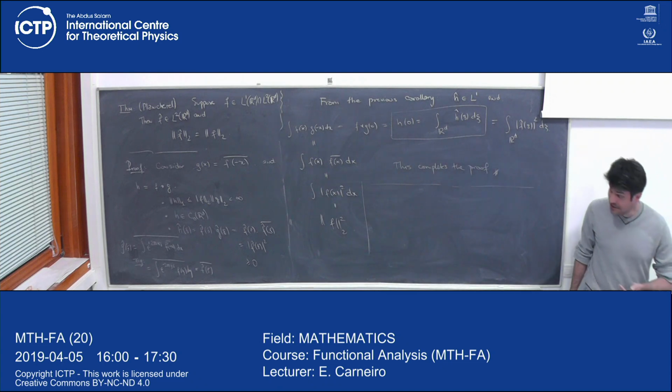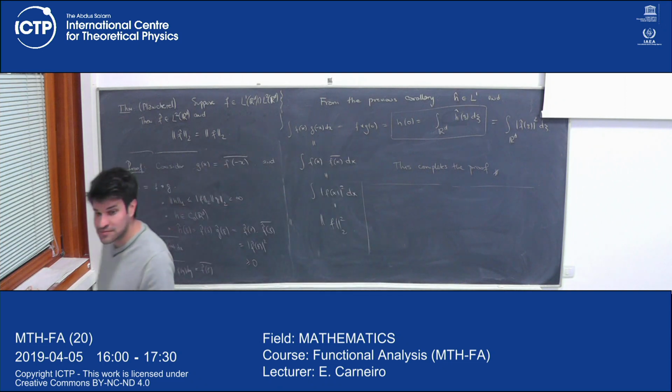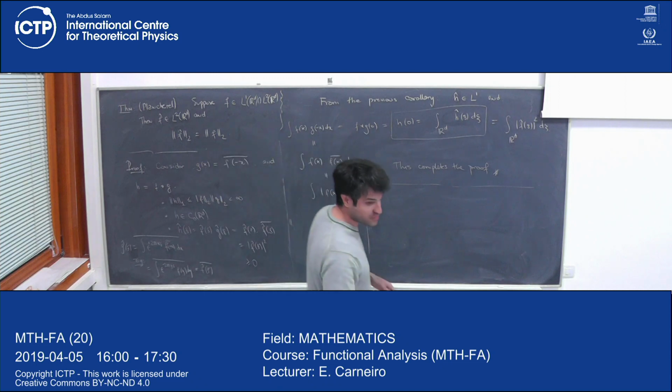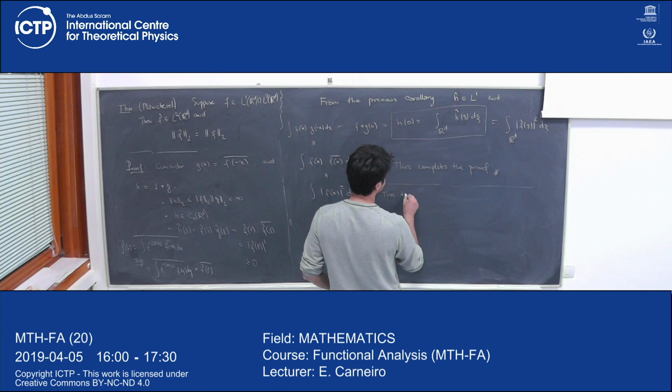So this tells me how to define the Fourier transform on L2. L2 is actually the ambient space where the Fourier transform will make more sense.